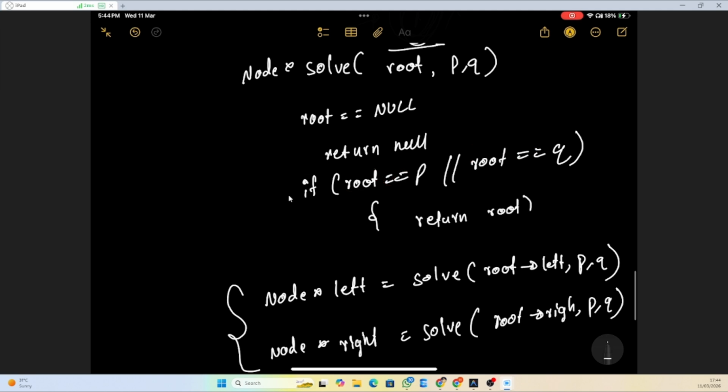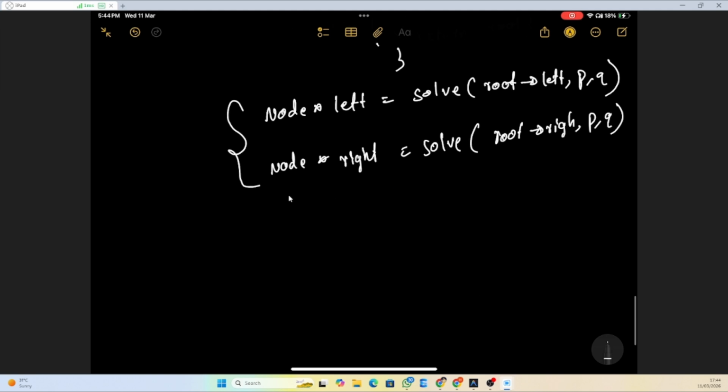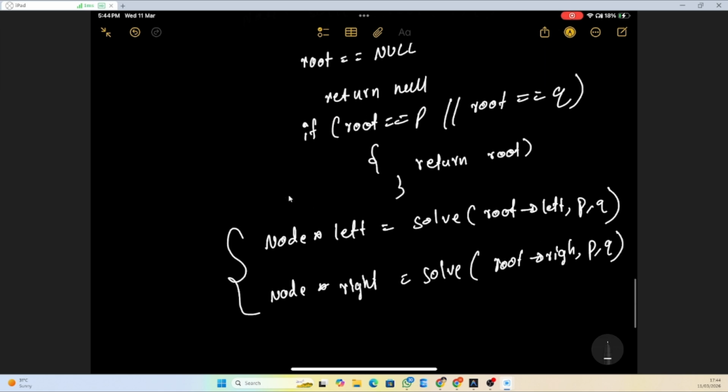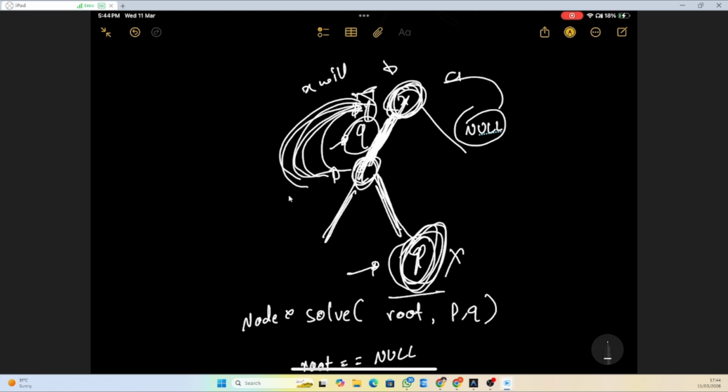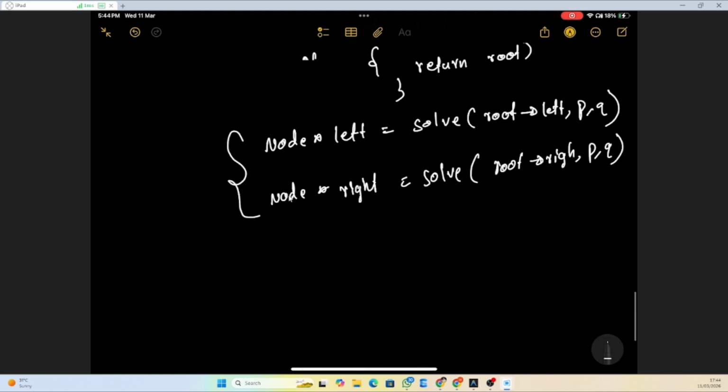Return root. And in case you found P or Q in the left way, and you found some P or Q in the right way of the root.